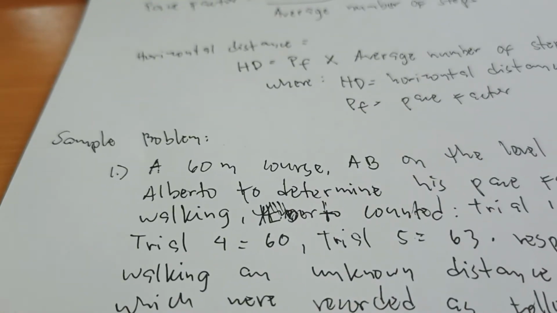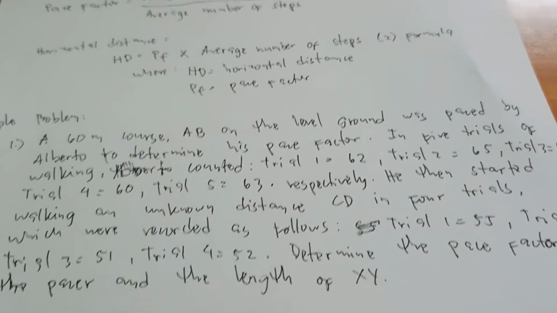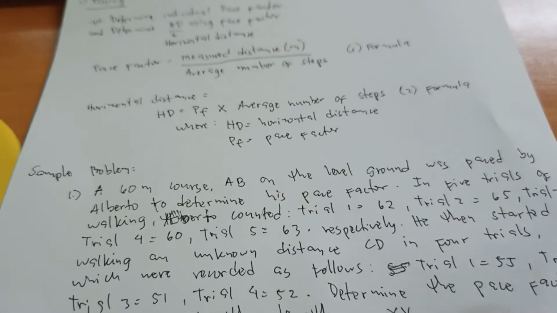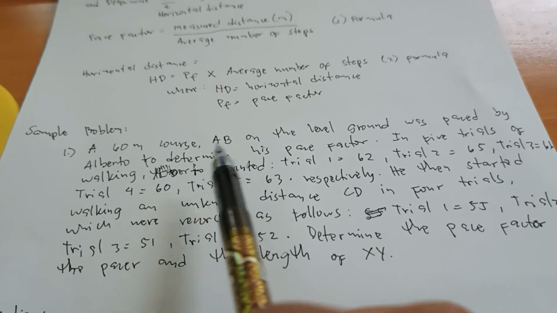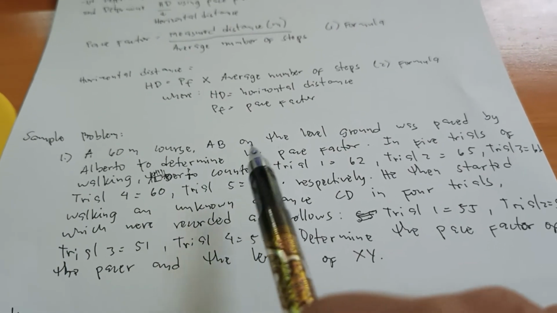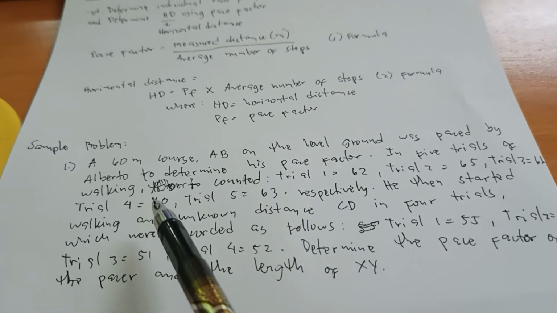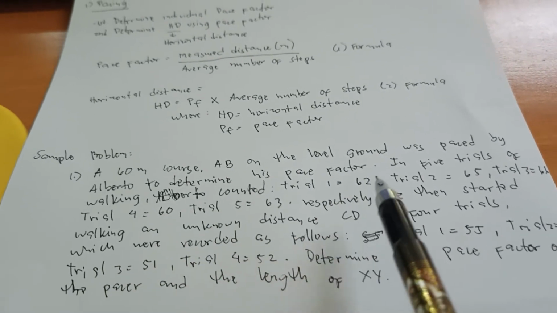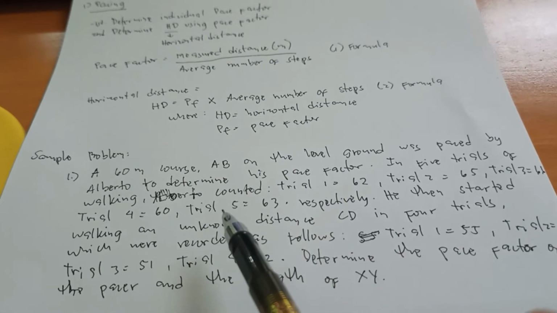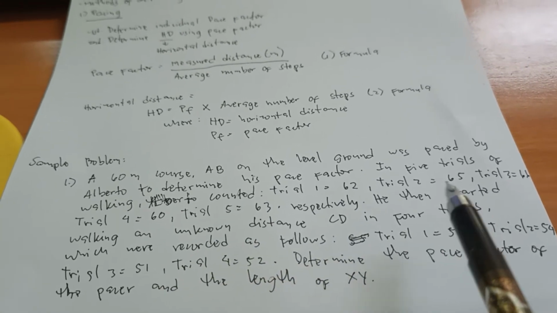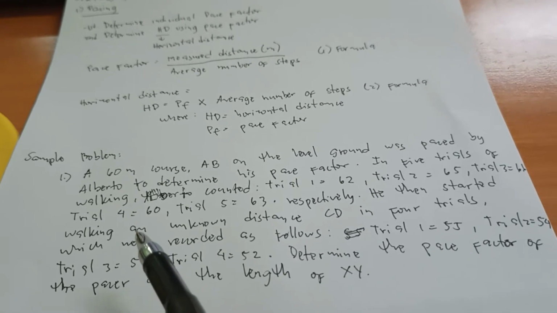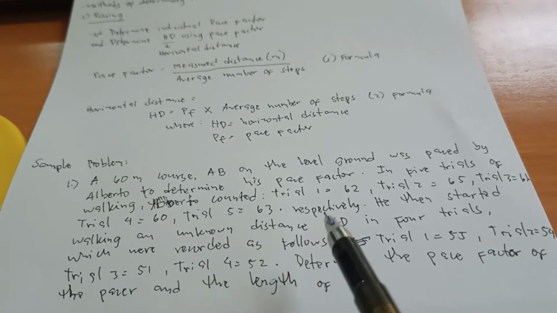So let's move forward to our sample problem. We have a 60-meter course AB, point A to B on level ground, paced by Alberto to determine his pace factor. In 5 trials of walking, Alberto counted trial 1, 62; trial 2, 65; trial 3, 66; trial 4, 60; and trial 5, 63, respectively.